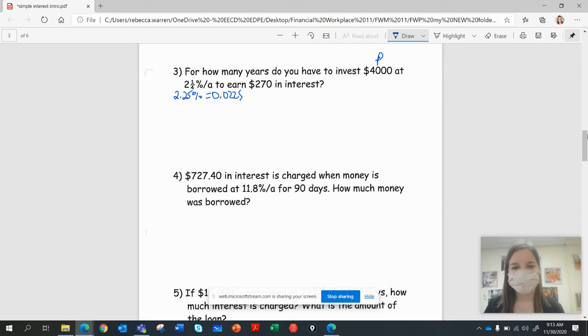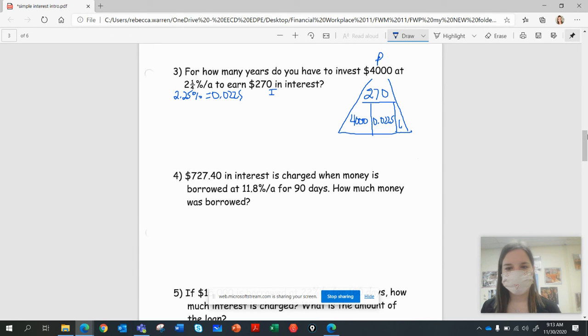And to earn 270 in interest, that 270 is your I. So we have 270 for the interest amount, $4,000 is our principal, the rate is 0.0225, and the term is what we're looking for.